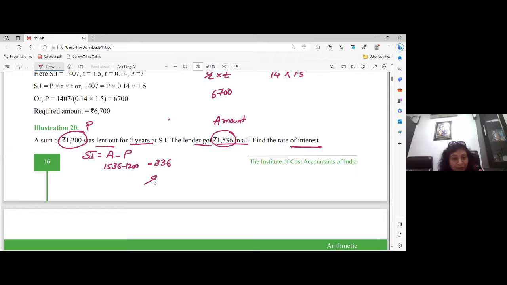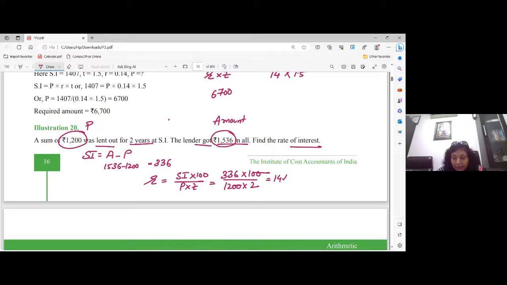Now we have to find out rate. So simple interest into 100 upon principal into time. So simple interest is 336 into 100 upon principal 1200 and time is 2 years. So simply divide 336 by 12, and then divide by 2. So our rate of interest is 14% per annum.